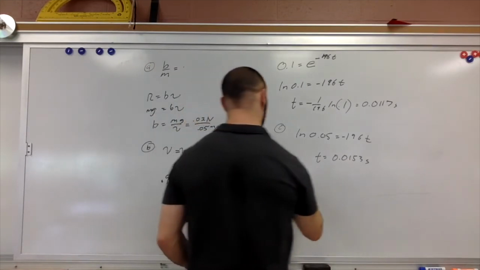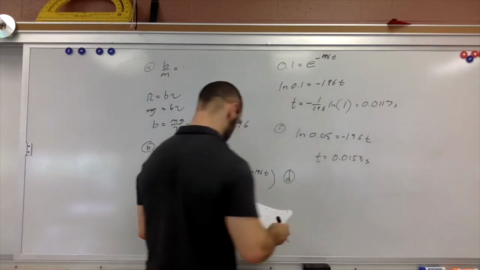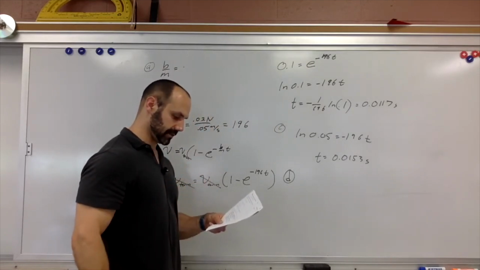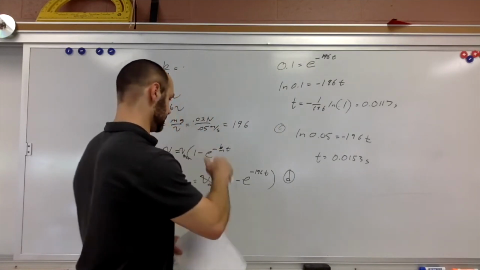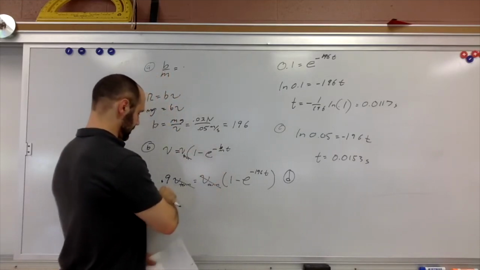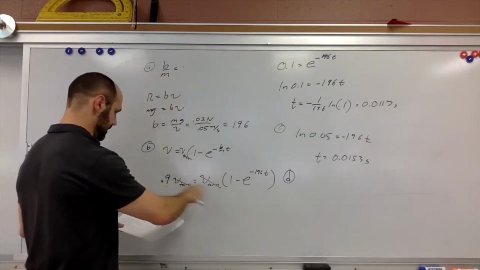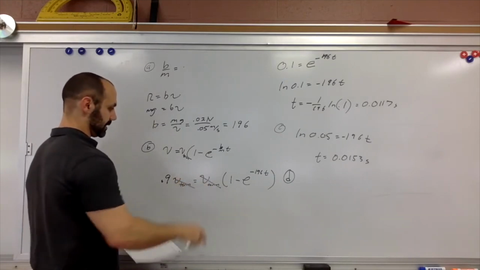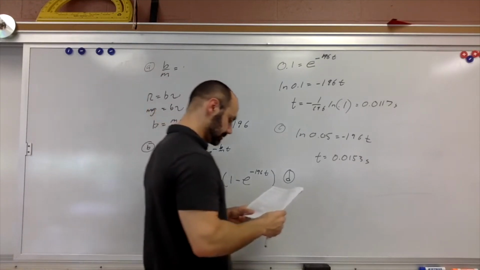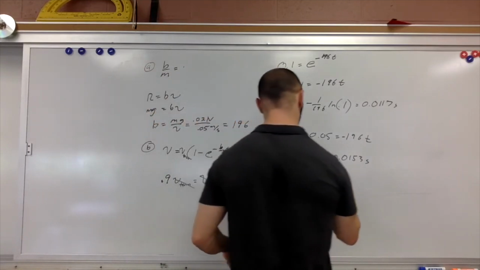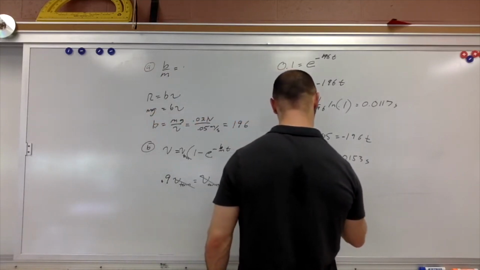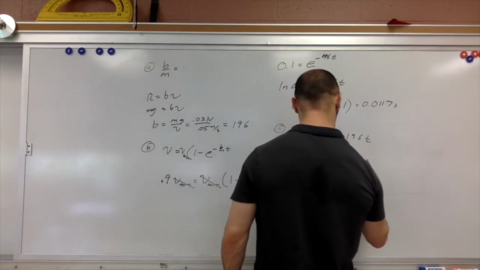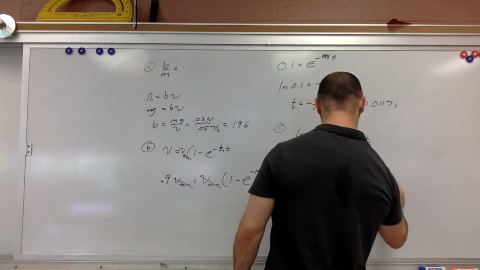And then question D asks, when does it reach 99.999% of V term? Okay, so this is annoying because if I put in 0.99999, and this is 5 nines, right? And I do that minus 1, what I end up with is natural log of 0.00001 equals negative 196t.